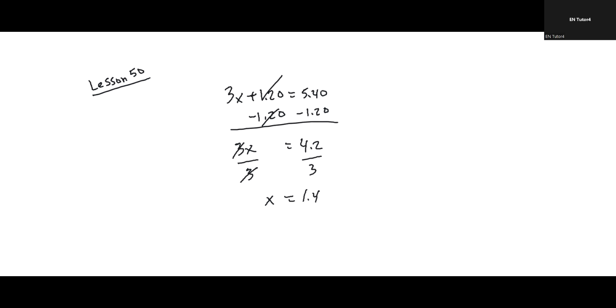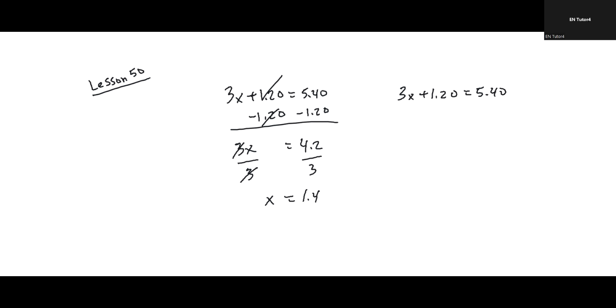Now, another way to think about this, and again, I'm not sure how you learned it, so I'm just going to show you another way to think about it, is rather than doing a separate line here where we subtract out the 1.2, we can just think about moving the 1.2 over to this side. And whenever you move something that's added or subtracted from a number on the other side, when you move it to the other side, you just need to change the sign.